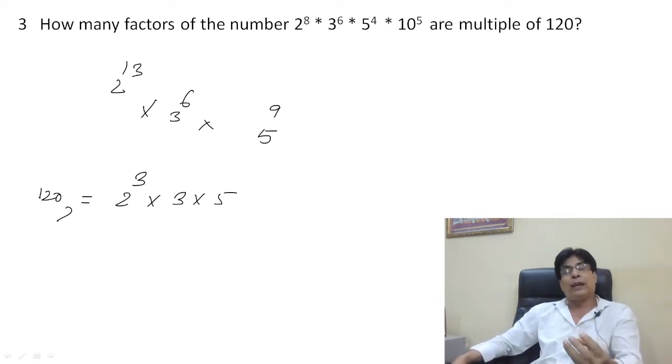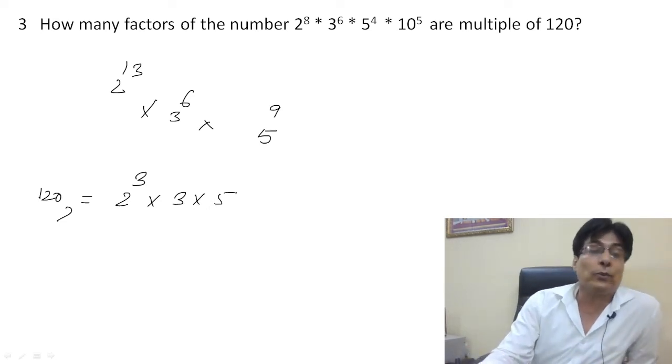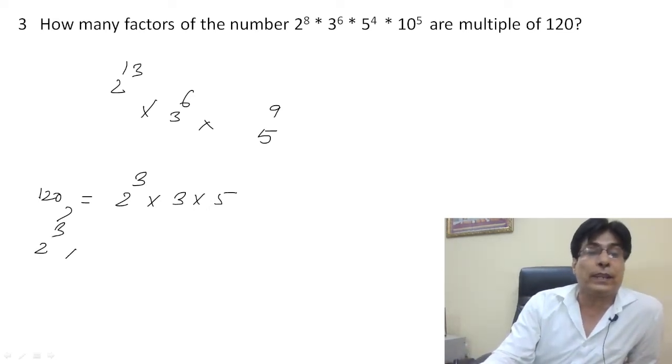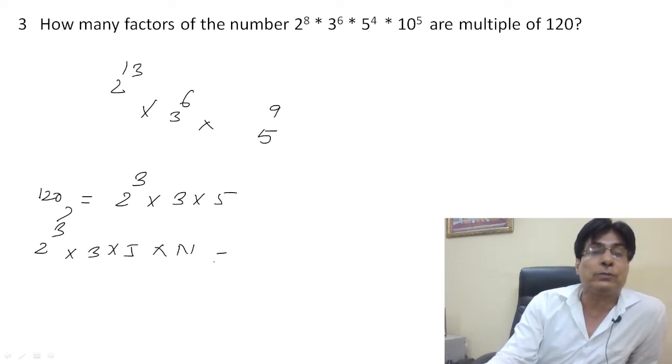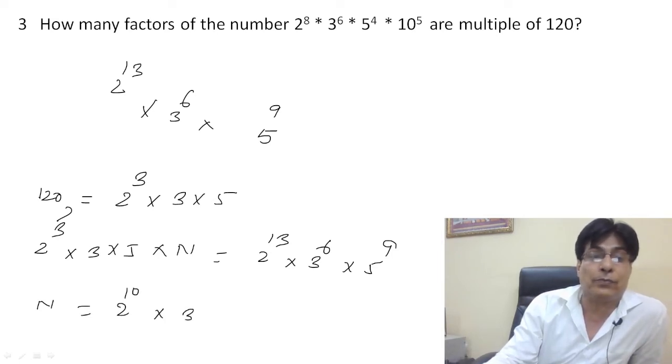If you assume that the multiple of 120 is n, then according to the question 2 to the power 3 into 3 into 5 into n must be equal to 2 to the power 13 into 3 to the power 6 into 5 to the power 9. Then you find that n is equal to 2 to the power 10 into 3 to the power 5 into 5 to the power 8.